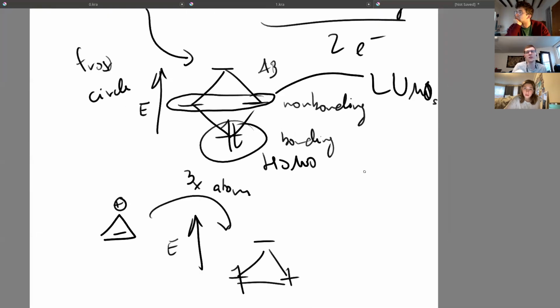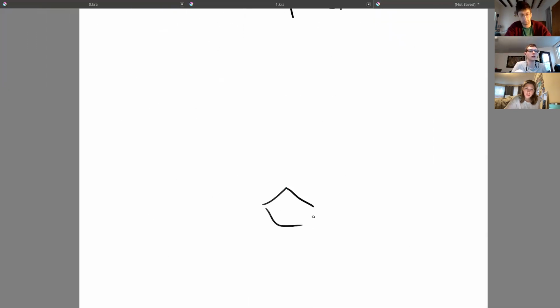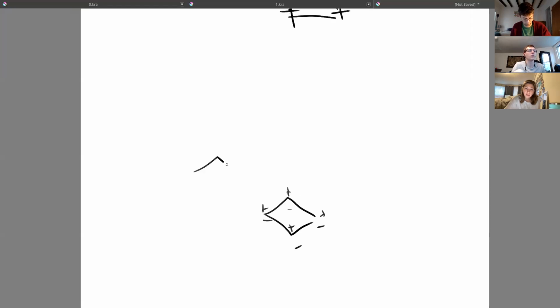Okay. In this case, if we're drawing out what those orbitals look like, plus, plus, plus, plus, minus, minus, minus, minus on the bottom. Why don't I draw this in another spot? Plus, plus, plus, plus, minus, minus, minus, minus. Okay, great.